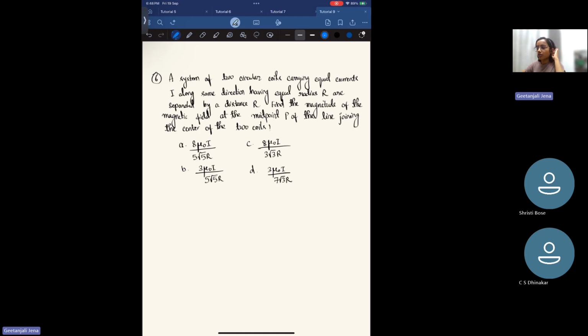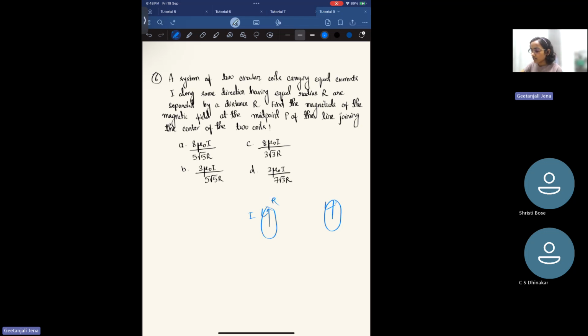So there is a system of two circular coils carrying equal currents I along the same direction, having equal radius r, and these are separated by a distance r. So there are two coils. Let's say it is carrying current I in the same direction.